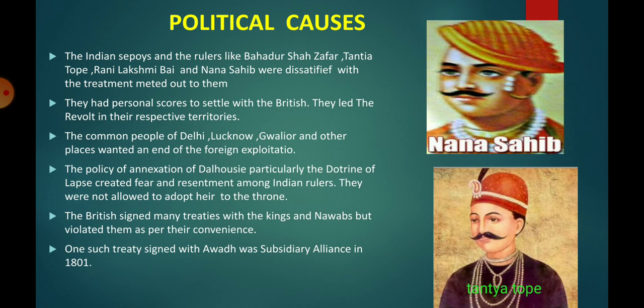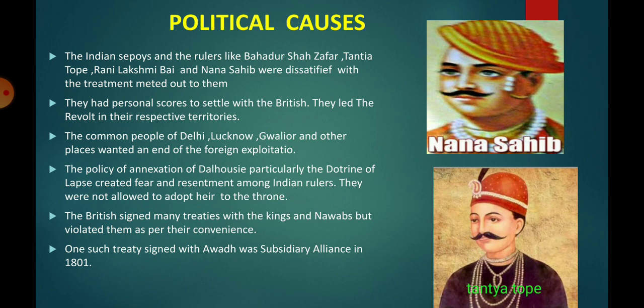He had to station a resident in his court, meaning a permanent British officer should remain in the court of the king, which reduced the power of Nawabs. Gradually, the Indians lost all trust in the British. By this policy, many Indian kings and princes lost trust in the British.